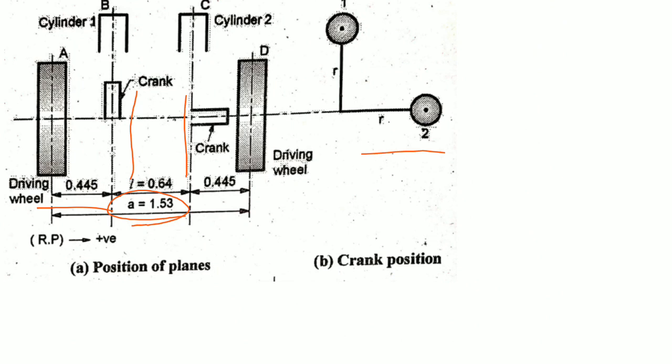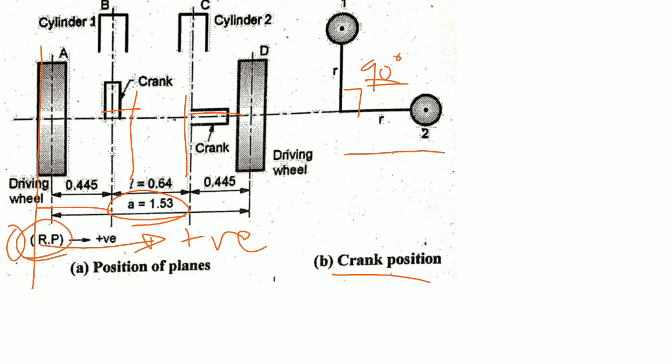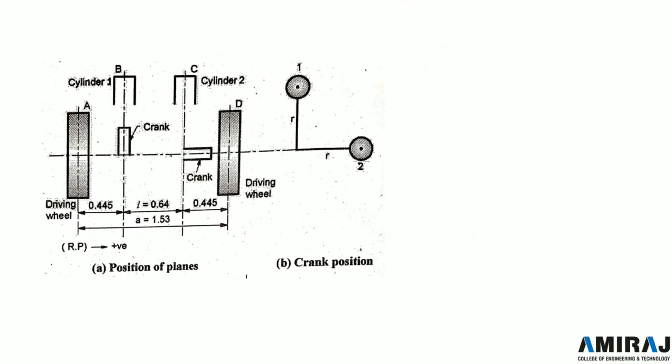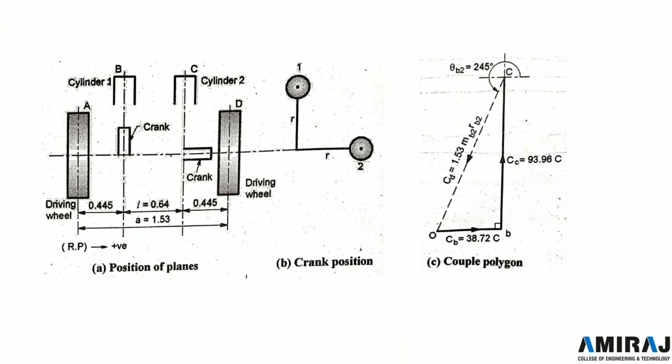This is the crank position, there is 90 degrees between the first and second crank. We have taken A as the reference plane, so we start distances from 0 in this direction, and all distances will be positive. Now we will draw the couple polygon, and here the closing side of the couple polygon will be CD, that is the resultant, given by the square root of CB square plus CC square, and we can find it by this equation.